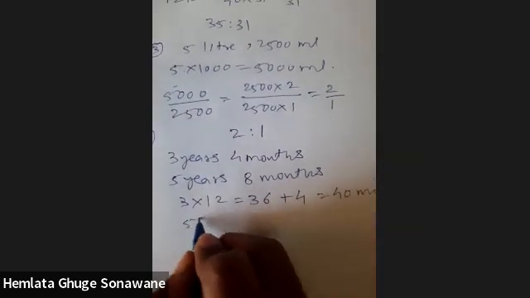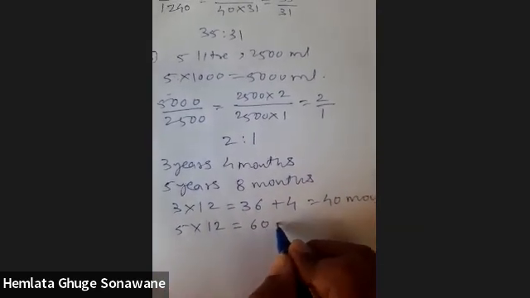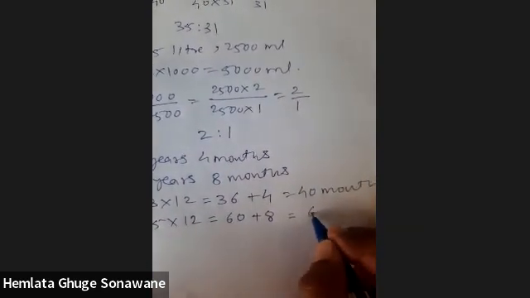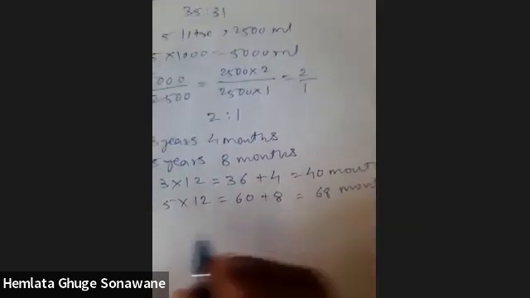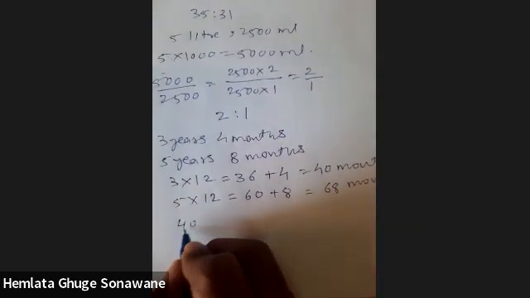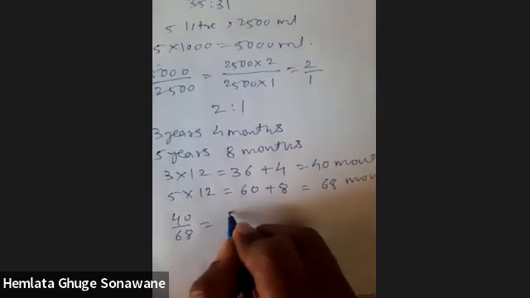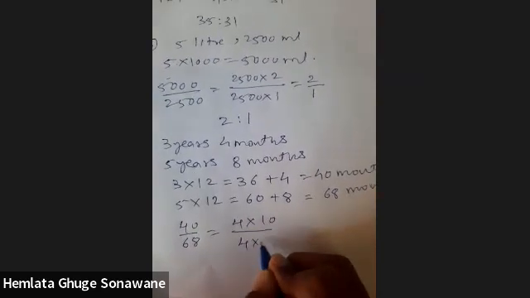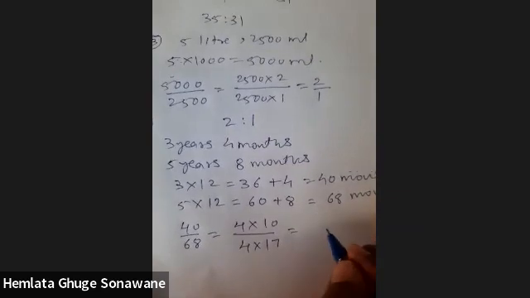We'll multiply 5 with 12. So it becomes 60. Plus we'll add 8. It becomes 68 months. Now we'll take the ratio of this, 40 to 68. It becomes 4 tens are 40 and 17 fours are 68.